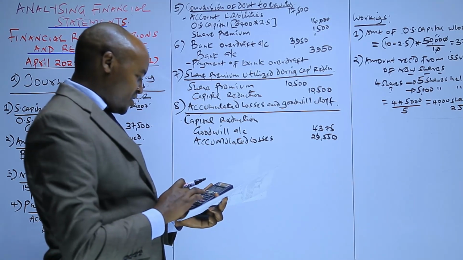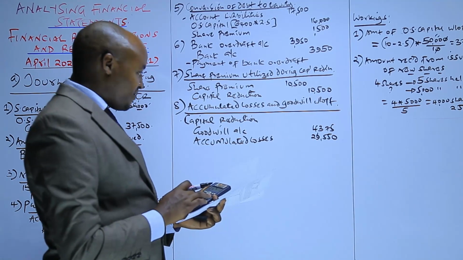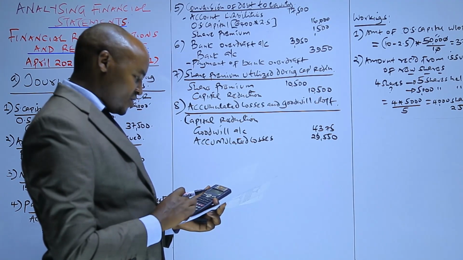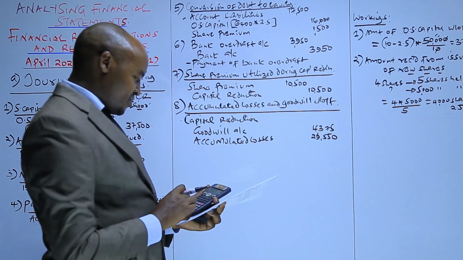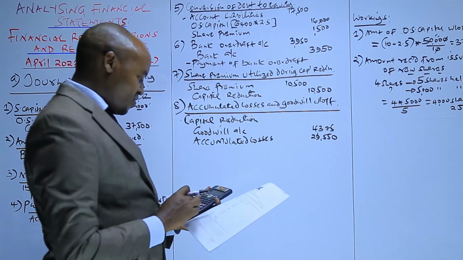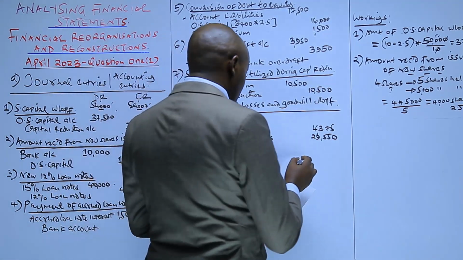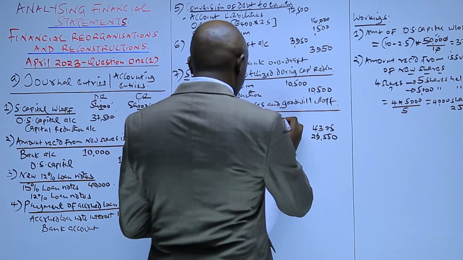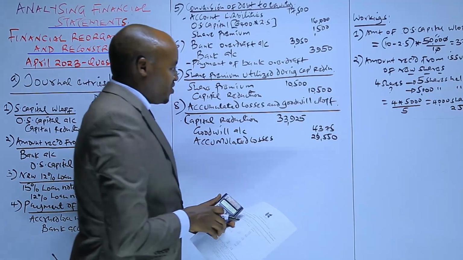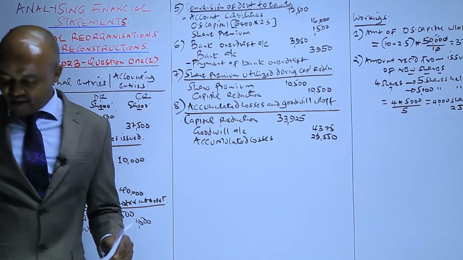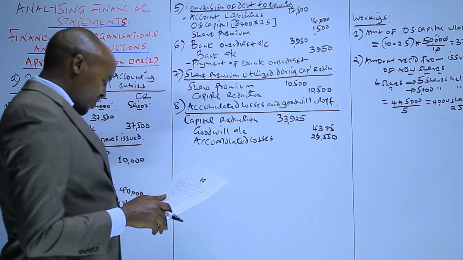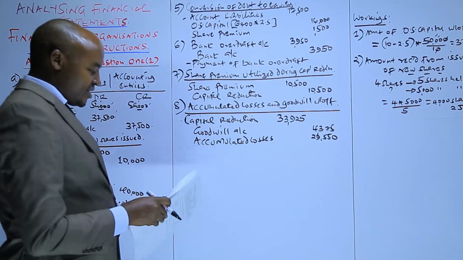So 4,375 plus 29,550, that will give us a total of 33,925. So what we have accounted for here is the accumulated losses written off and also the goodwill written off. So we are done with point number 6.